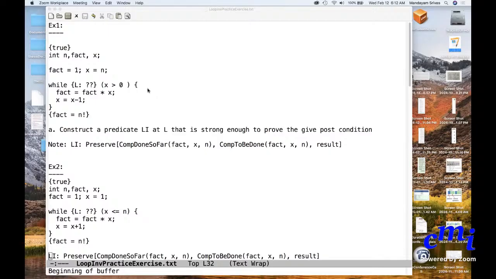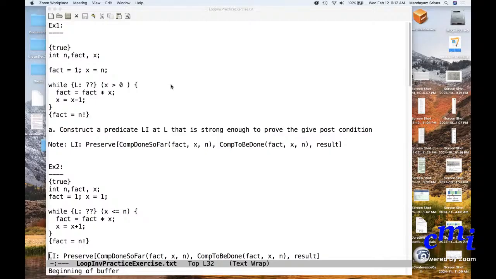I want to discuss that briefly, and also discuss the point about how a loop invariant can be considered as over approximating the behavior of a loop.